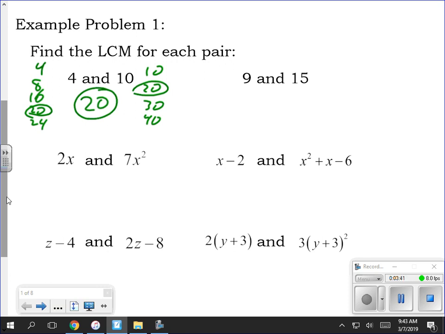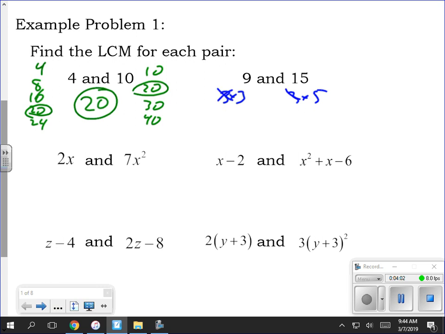So for example, prime factors of 9. 9 is 3 times 3. 15 is 3 times 5. So I have the factors that make up 9 and the factors that make up 15. First thing on my list for my least common multiple is any that's shared. I have a 3 in each term.